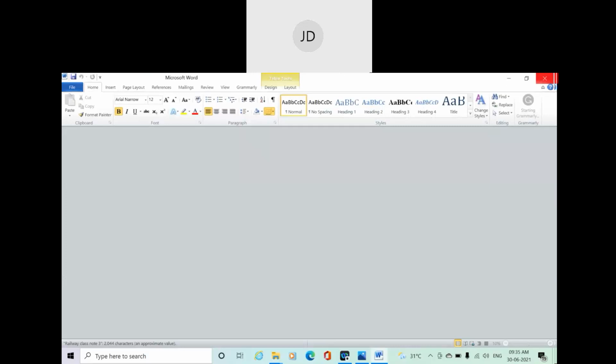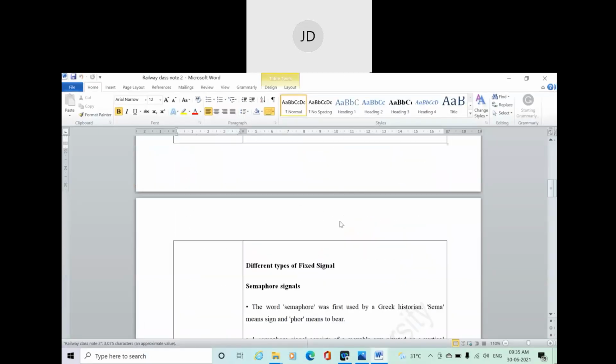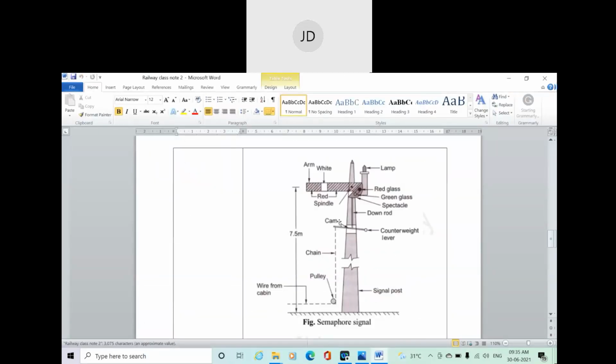Wait a second. Yeah. So I think you can see now, right? So we have discussed that. It is the line diagram for semaphore signal.